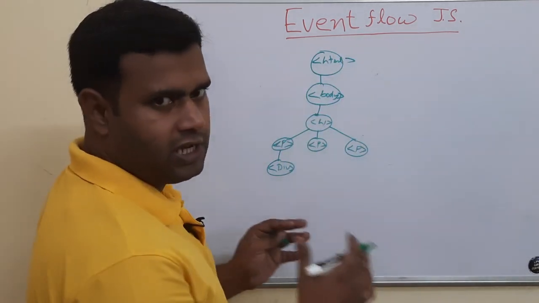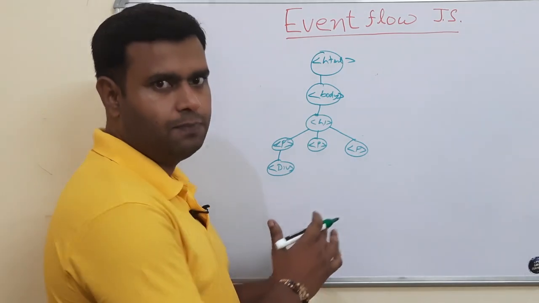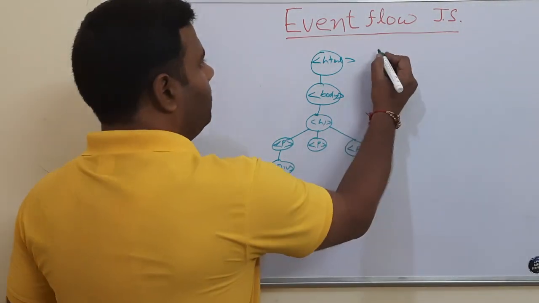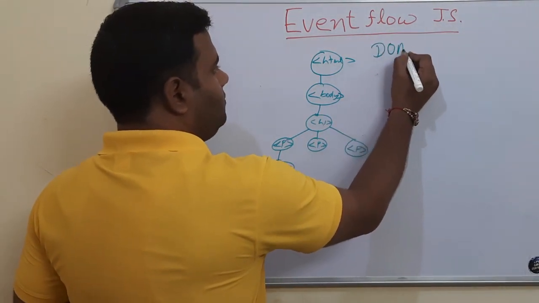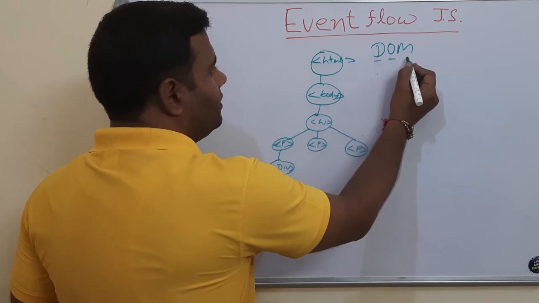There are so many things that can happen with JavaScript, and this is called the DOM, right? Document Object Model.